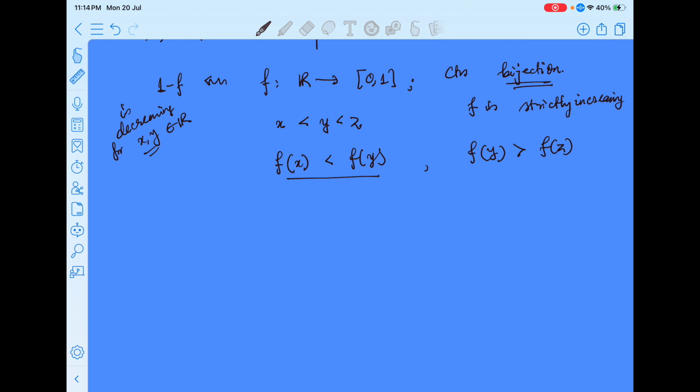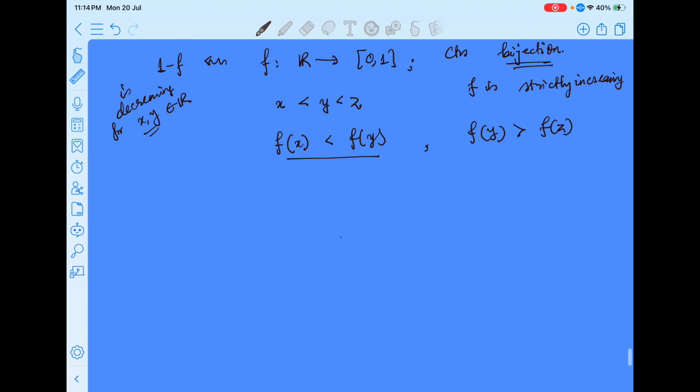So why is this true? Let us say f(x) is less than f(y) and f(y) is greater than f(z). Let us draw the picture. Here is x, here is y, and here is z. This is f(y), this is f(x), and this is f(z).